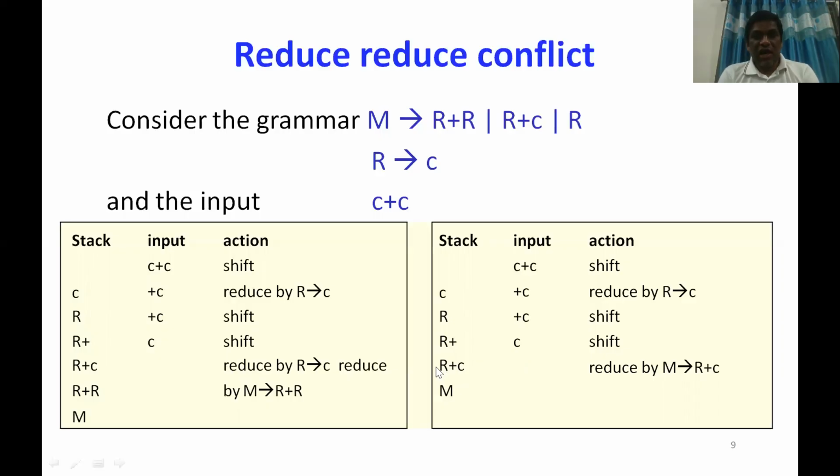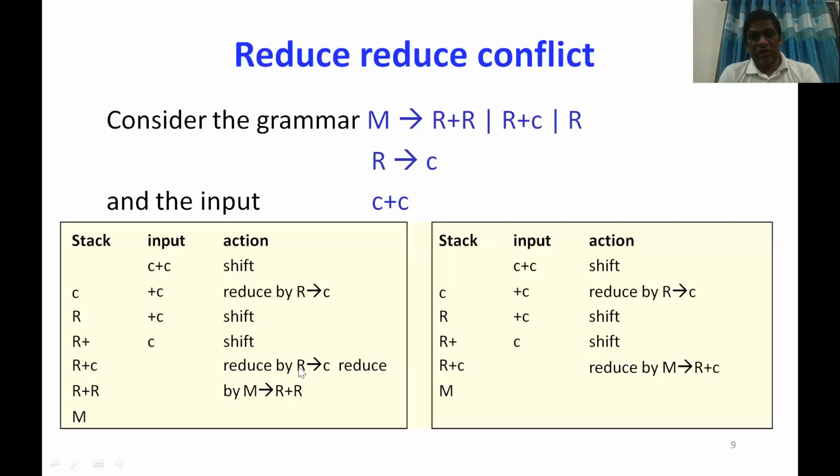Now, R plus C matches with the handle of M. Also, C at the top of the stack matches with the handle of capital R. So what are the two options here? Either you can reduce the symbol C with the help of the production R implies C, or you can use the production M implies R plus C, and you will get capital M directly.